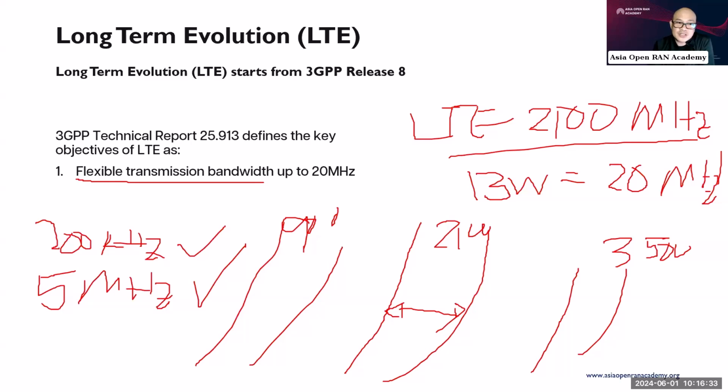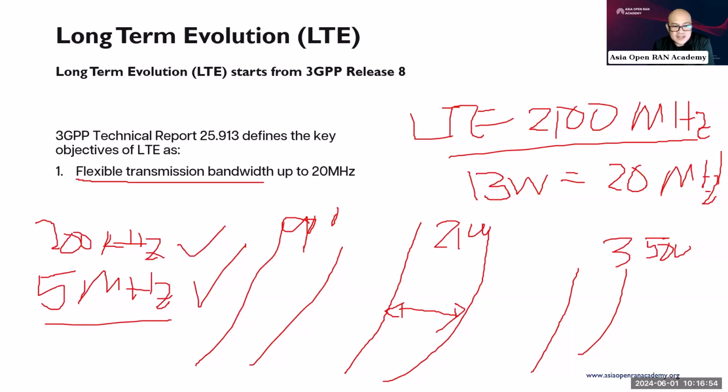Except for 3G, there are 4.8 and 3.5, driven by the vendor's software. But typically, when you check the specification, a GSM channel is 200 kilohertz and a 3G channel is 5 megahertz.